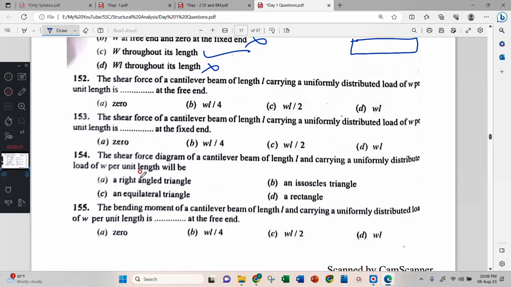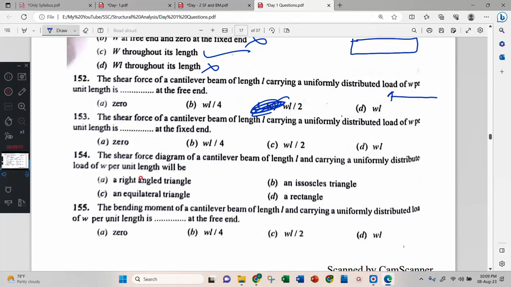Next. Shear force of a cantilever beam of length L carrying uniformly distributed load W per unit length is WL.